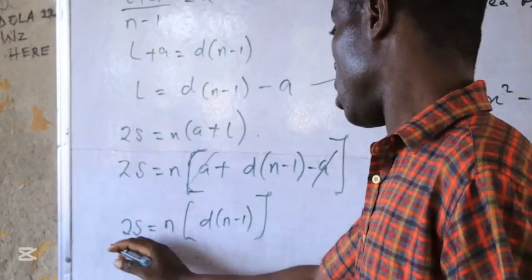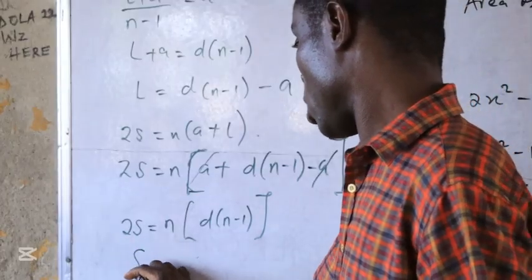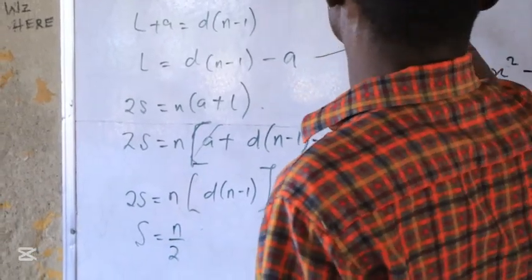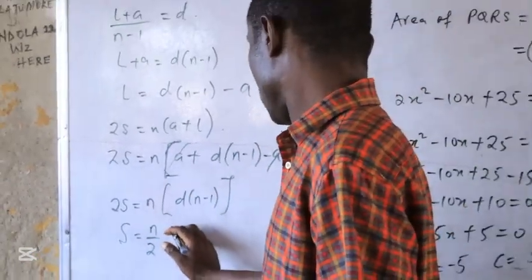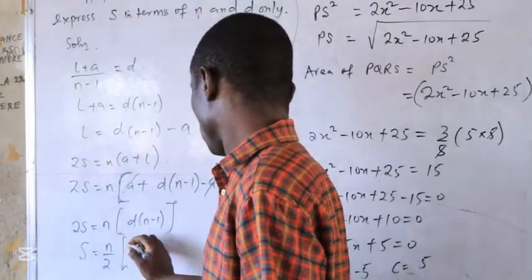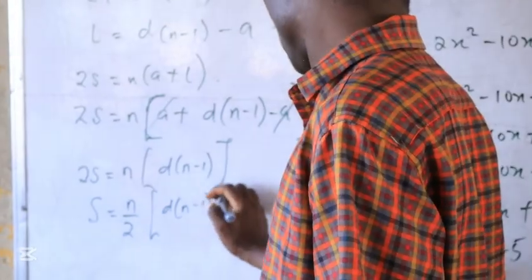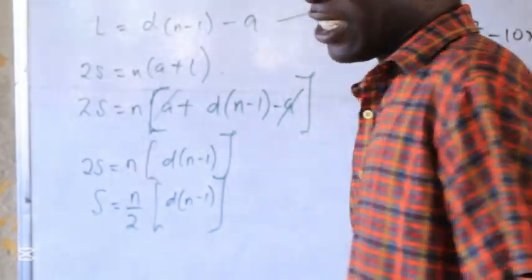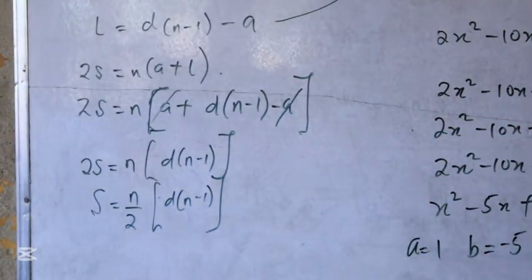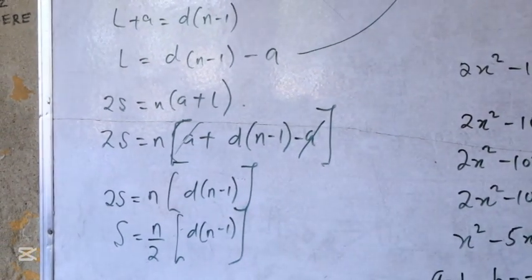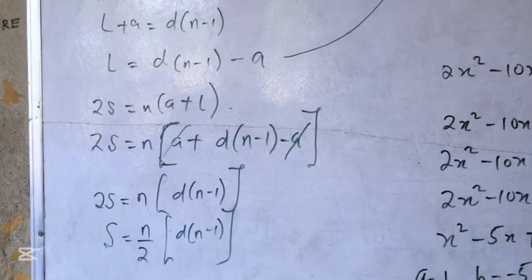Then I can divide both sides by 2. S equals n over 2. We are trying to express it in terms of n and d. So we now have this n/2 into dn minus d, or even d into (n - 1), and leave it like this. So that is how to express S in terms of n and d only.